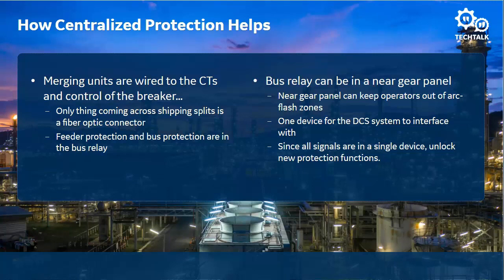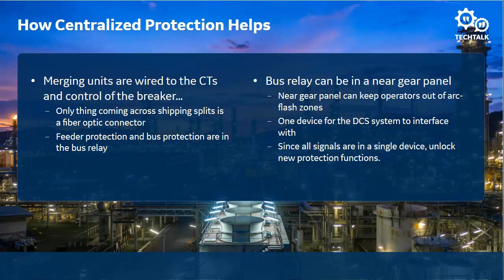So if I put my MU320 in the breaker compartment close to the breaker, the only thing that has to come across a shipping split is that fiber optic connector. What that means is that can make my installation time of that large switchgear much faster.